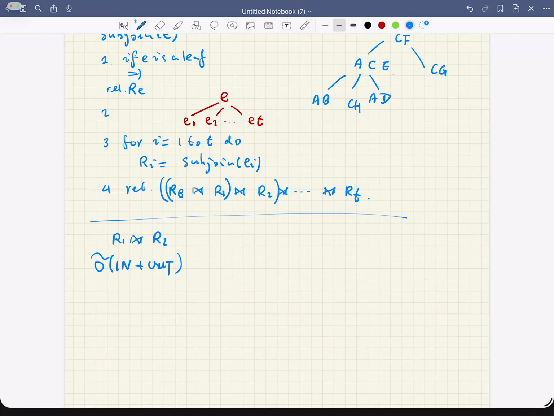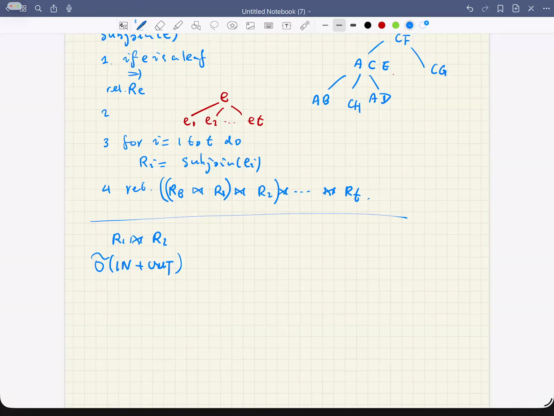In particular, I will amortize this IN part over all those integers in the input relations. If an integer participates in this join, it's going to pay $1. You see what I'm saying? And in the end, you can just count how many dollars this integer has paid overall.